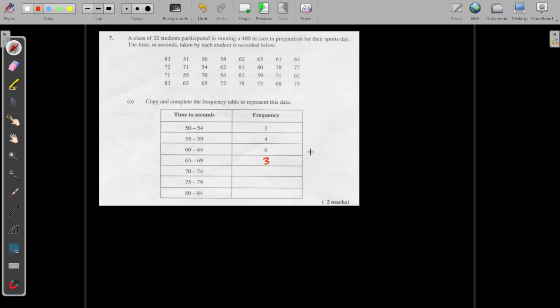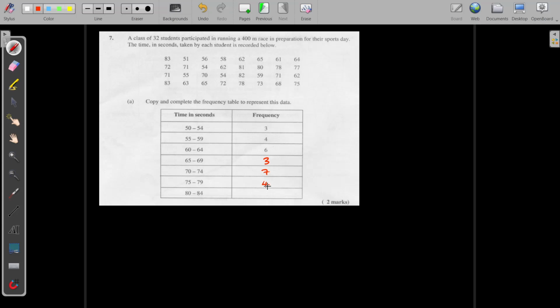Between 70 and 74, 1, 2, 3, 4, 5, 6, 7. So that's 7. Between 75 and 79, 1, 2, 3, 4.